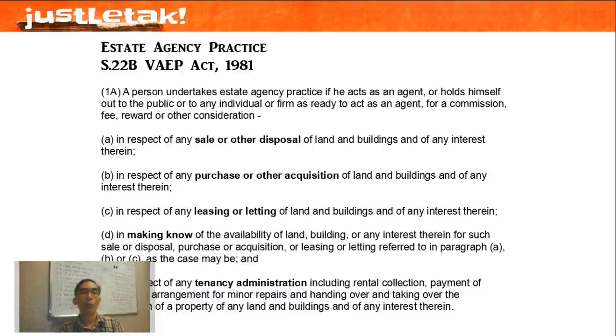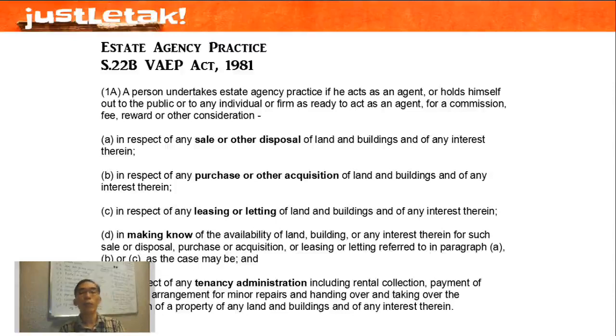So this law, now amended, includes tenancy administration, meaning that as an agent, apart from getting the tenant to rent from the landlord, there is a separate tenancy administration job, in a separate contract, for carrying out the administration part, whereby a certain fee is chargeable for this service.